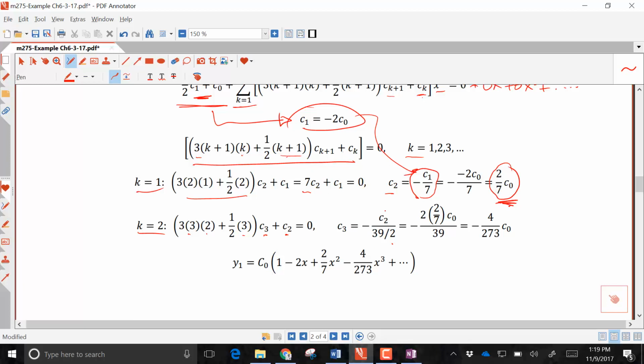So we're going to make that replacement for c sub 2 and then eventually get something with the c sub 0. And we could try another one here, but I was done. So this is our series up to 1, 2, 3, 4 non-zero terms. And sometimes when they ask for solutions, they ask for the series up to 3 or 4 non-zero terms.